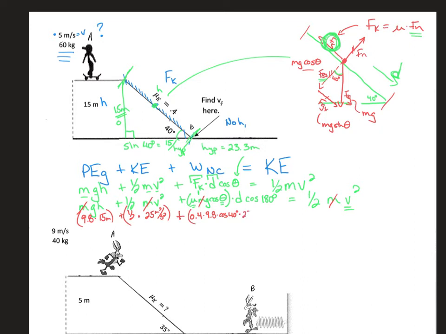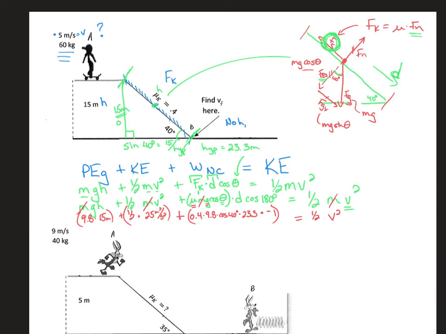We just calculated the distance, 23.3 times a -1. Boy, are the details really challenging to track, but you can rewatch that. I went very meticulously through, plugged in each one, cosine of 40 degrees, distance 23.3 meters, the cosine of the angle between the force and the displacement, and finally on the right-hand side, 1/2 of v squared.